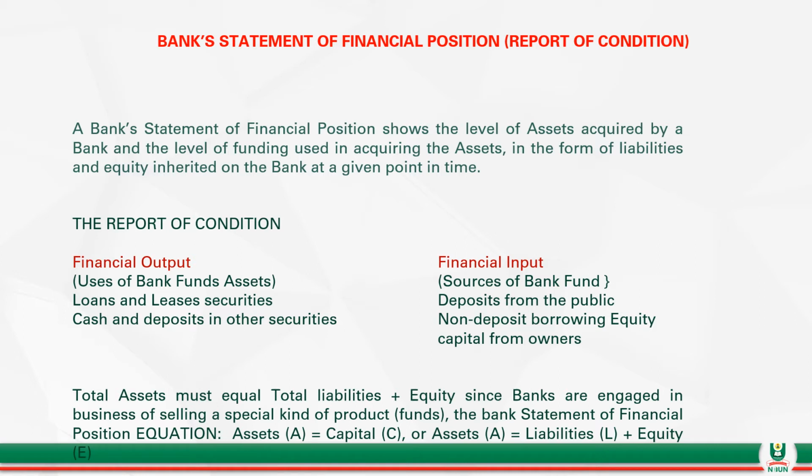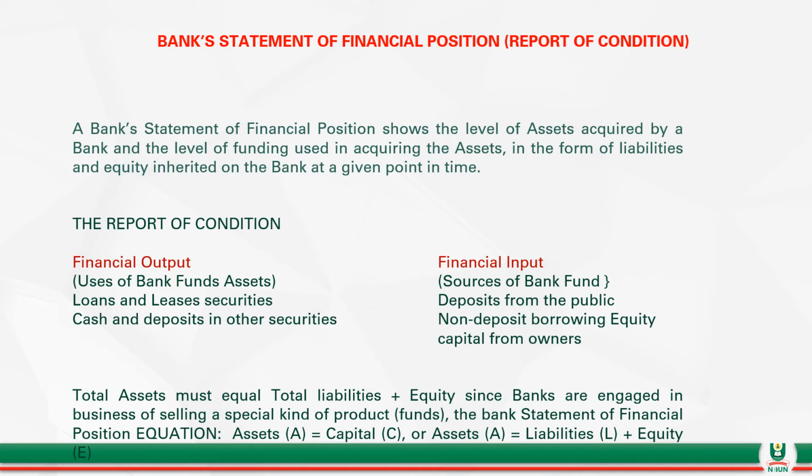Whereas the financial input, that's the sources of bank funds, we talk about the deposits from the public, deposit liability, and the non-deposit borrowing in terms of equity capital from owners. So we have the uses of bank funds and the sources of bank funds.